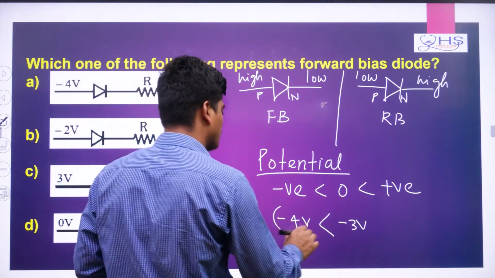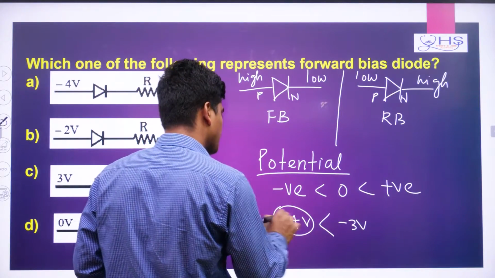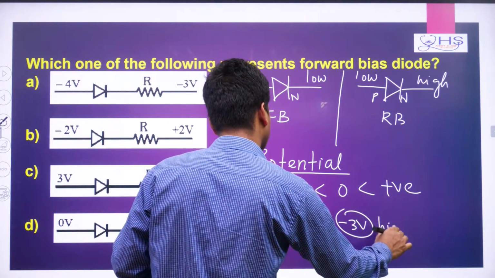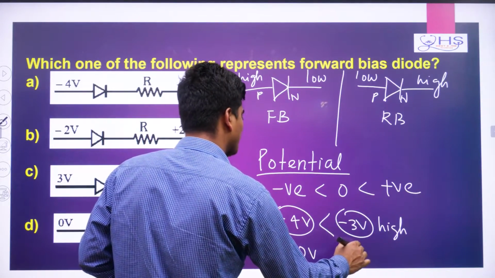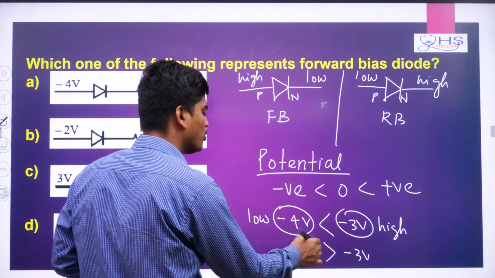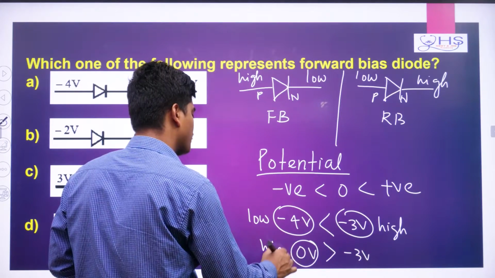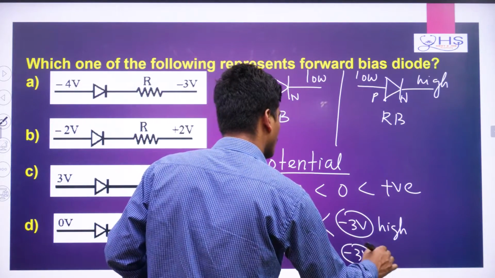That means you can consider -4 volt as the low potential and -3 volt as the high potential. But if 0 volt and -3 volt are there, 0 volt is the high potential and -3 volt is the low potential.